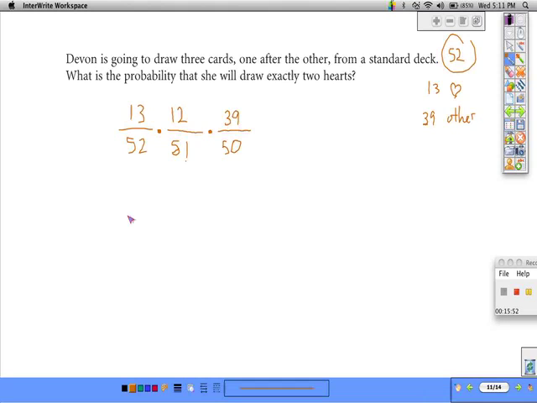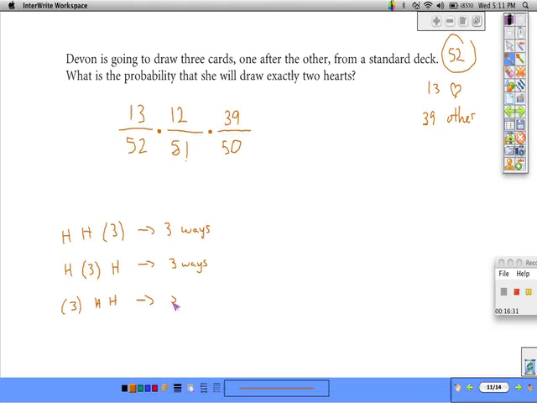But now we have to count up the number of ways that this can happen. We could get a heart, and then any one of those other suits. So that's 3 ways. Or we could get a heart, any one of those 3 other suits, and another heart on the third pick. That's 3 more ways. Or we could get any one of those 3 suits, a heart, and a heart on the last 2 cards.